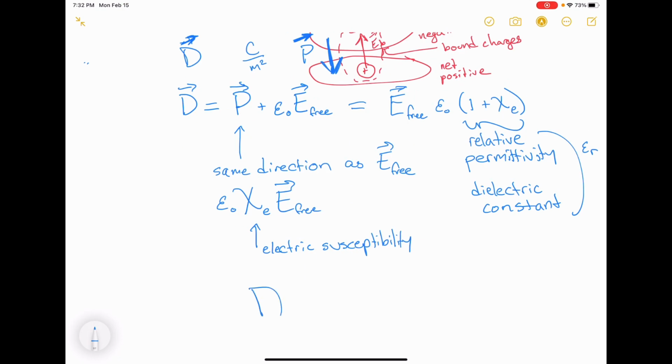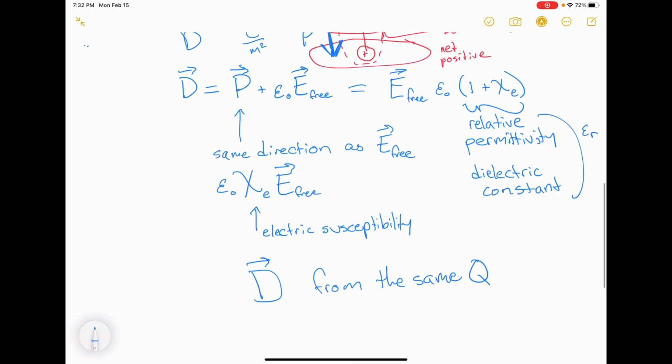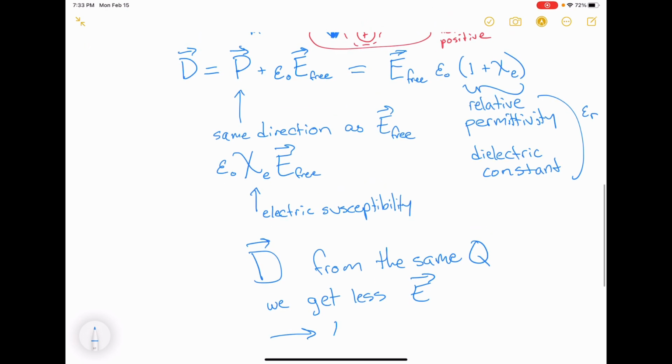So that means that for the same electric flux density, which we get from the same charges, in the presence of a dielectric, we get less electric field, which means less voltage.